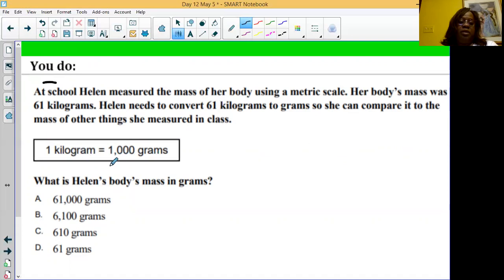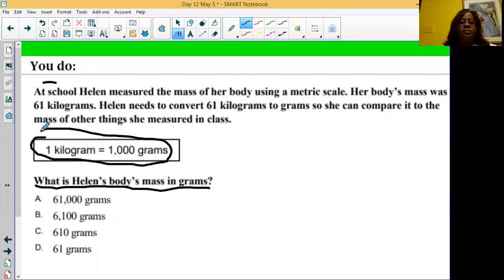What is Helen's body mass in grams? That's your task. So that's what you should underline. This right here is going to be important to you, so that should be circled. She wants to convert 61 kilograms to grams.